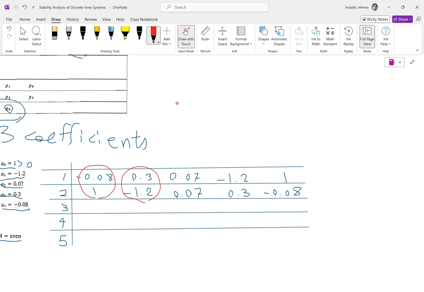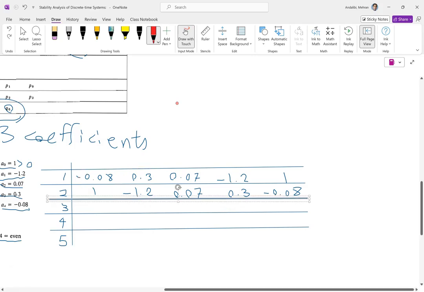And so if you find the determinant of B naught, which is negative 0.08 times negative 1.2 minus 1 times positive 0.3, your first number that you need here is going to be 0.204. And you know what? Let me get rid of these. Here we go. That's this one.